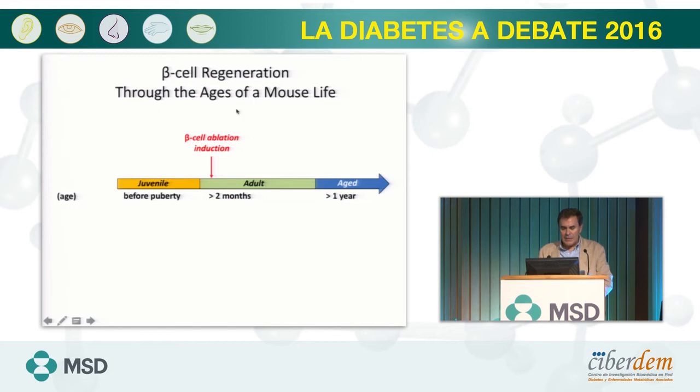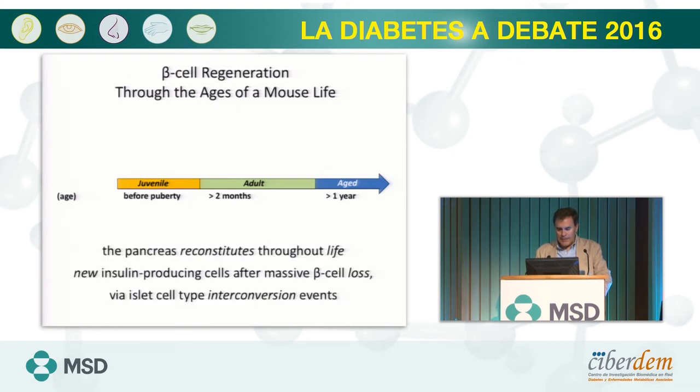So by doing this beta cell-specific massive ablation at different times of a mouse lifetime, whether in adulthood, in very aged mice, or in juveniles before puberty, what we have been able to see is that the pancreas can reconstitute new insulin-producing cells throughout life via these cell-type interconversion events.